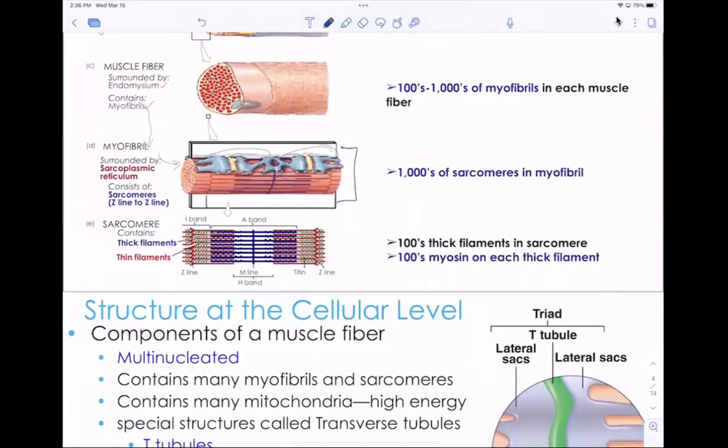If you are talking about the smallest functional unit, that is this right here. This is a sarcomere. But as it's showing you, there is another sarcomere here that you just can't see, and another sarcomere here. And so basically myofibrils are sarcomeres attached to one another all the way down the myofibril.